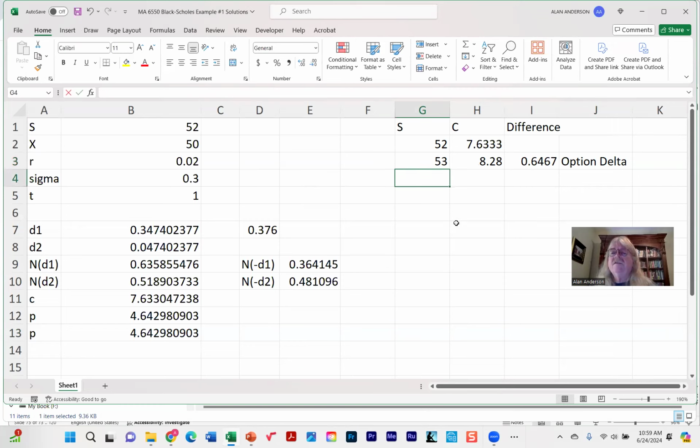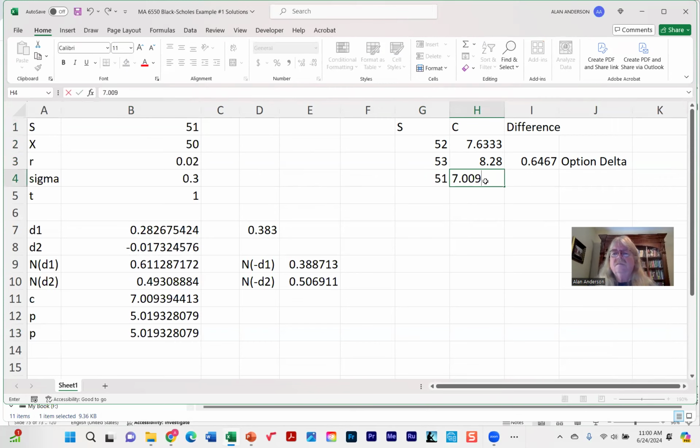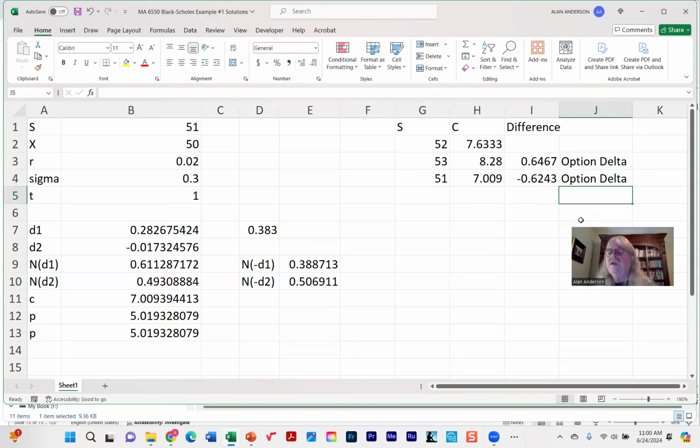Now, by the way, if I go down to 51, the difference is now from 52. It's not exactly the same. So keep in mind these Greeks are only approximately correct.